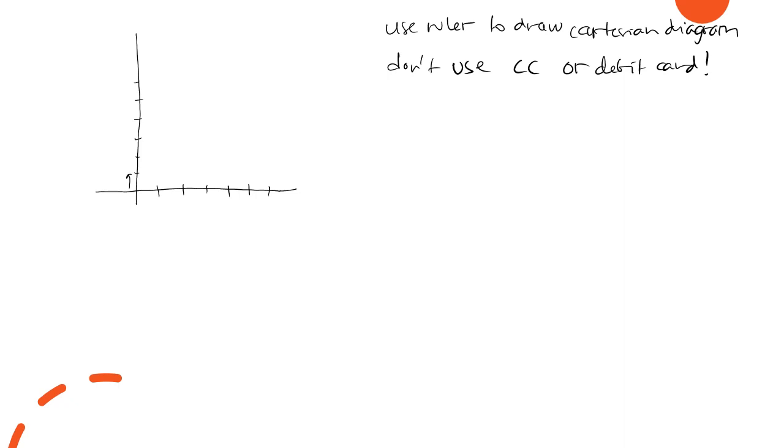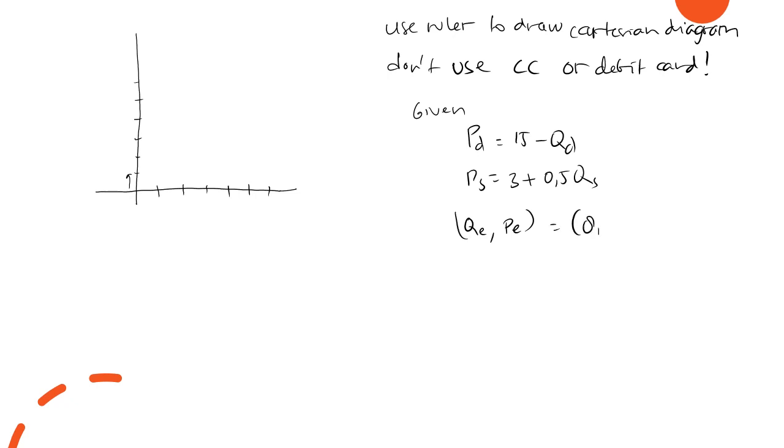So again, given from our previous work that PD is 15 minus QD and PS is 3 plus half QS, and our QE and PE are 8 and 7, right? Now look, if you want to draw a line, you only need two coordinates, remember?